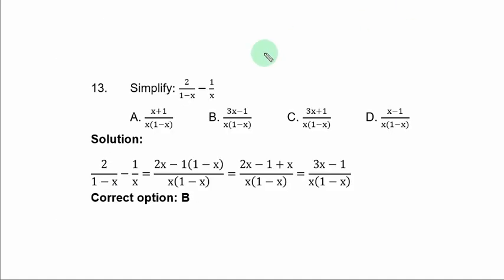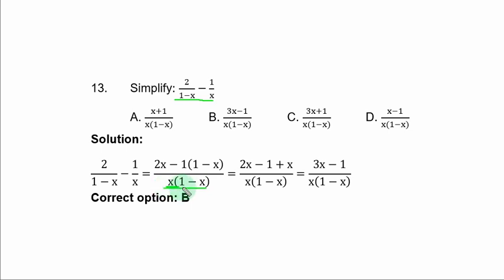Question 13. Simplify 2 over 1 minus s minus 1 over s. This is fraction and subtraction. To simplify, you find the LCM of the denominators, and the LCM is s bracket open 1 minus s bracket close. The rule is that you divide the LCM by each denominator and your answer times numerator.